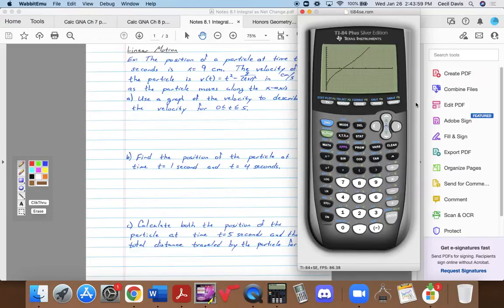So the graph doesn't completely fit on there. So I'll raise the y maximum. 25 should do it. Then I'll go by 5s. That was a pretty good guess.